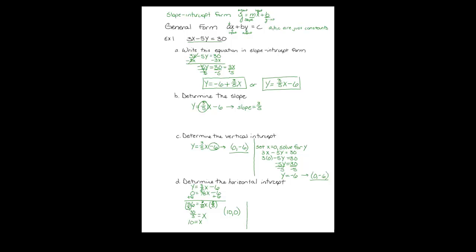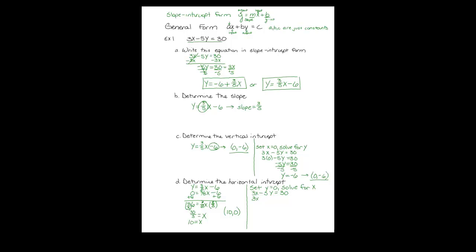All right, you could also get this directly from general form without going through slope-intercept at all. And the trick is just the same. Here you're going to set y equal to 0, solve for x. You're just going to start with the equation in general form. So 3x minus 5y equals 30.